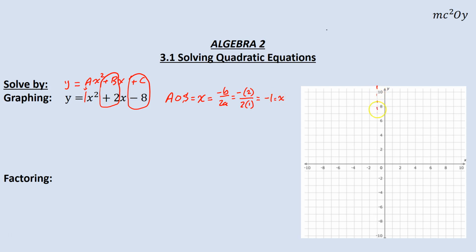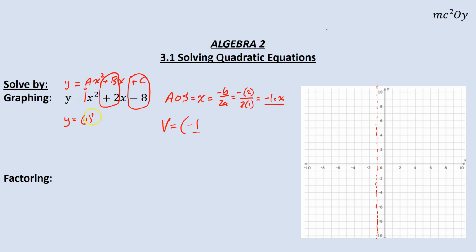If I go to x equals -1, I'm going to dash in that line. We also know that our vertex is on that same line. The x value will be -1. They're always the same. To find the y value, I substitute in -1 for x.